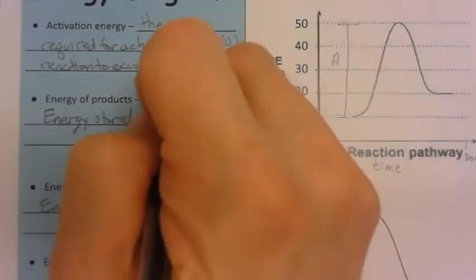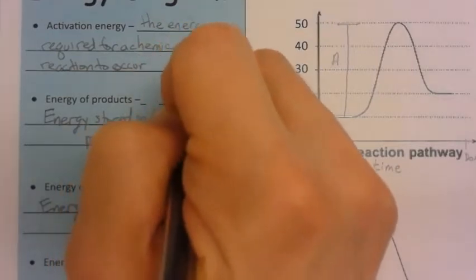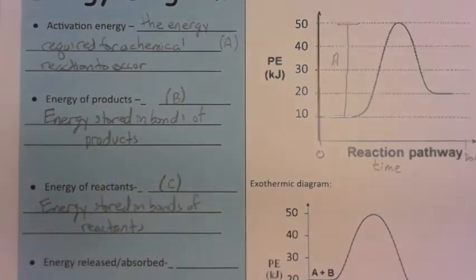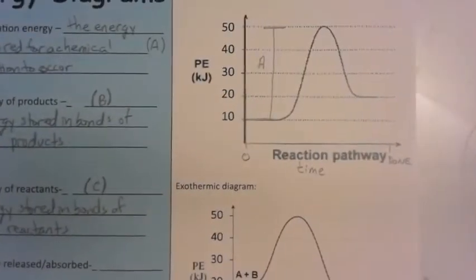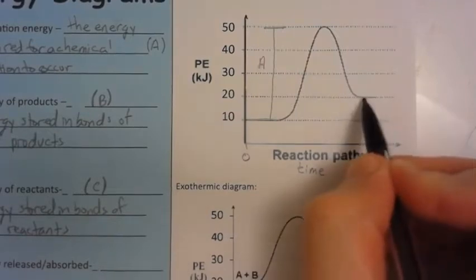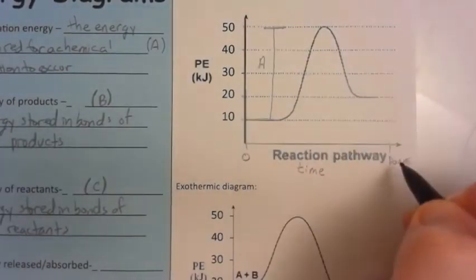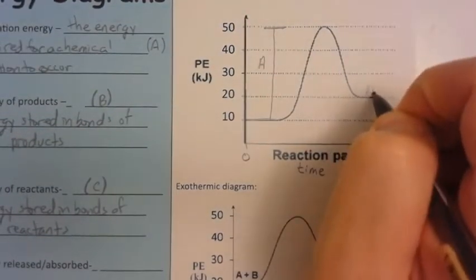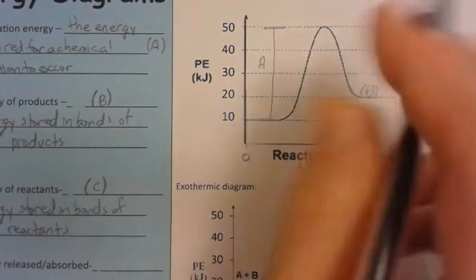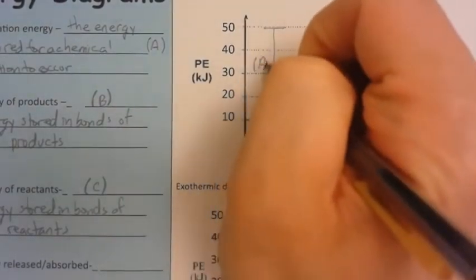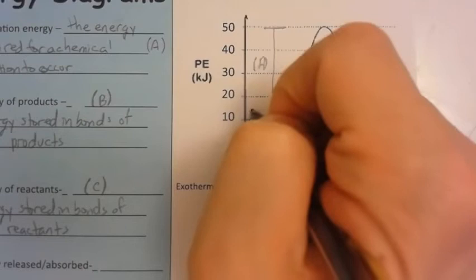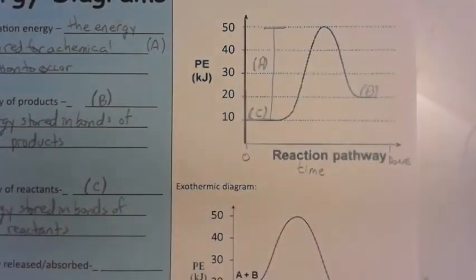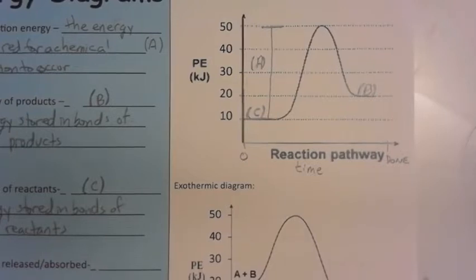So if we label this as B and we label this as C, we would say that at the end of the chemical reaction, this bar where we've got our products, once the reaction's done, we're going to label that as B, where our energy is stored afterwards. And then this bar down here, we're going to label that as C, which is the energy that was stored in the reactants at the beginning.